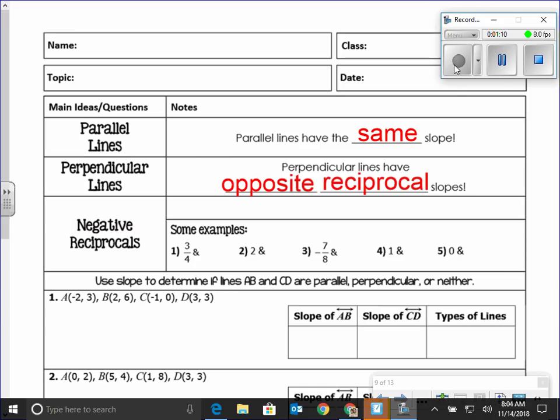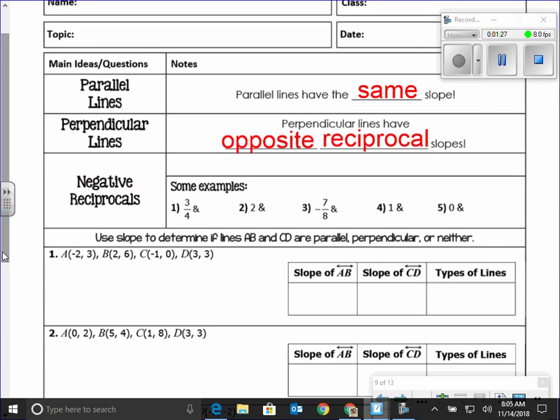And when I say the opposite reciprocal, it means change the sign and flip it. Does that make sense? So if it's positive, make it negative, and if it's negative, make it positive. Let's find the negative reciprocals, or what I've been calling opposite reciprocals.